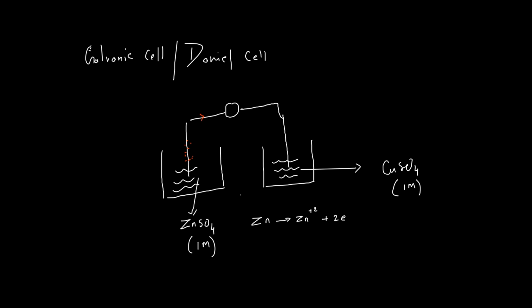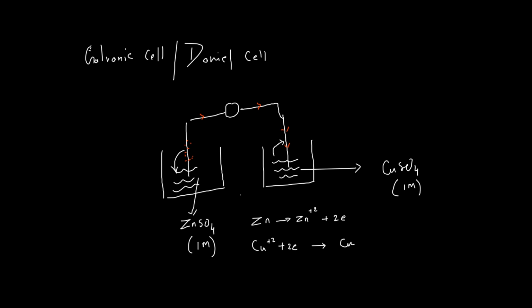They move from this part to that part through the wire, and here the Cu2+ gains these 2 electrons and converts into copper. So basically zinc is getting dissolved into the solution and copper is getting deposited on the electrode.